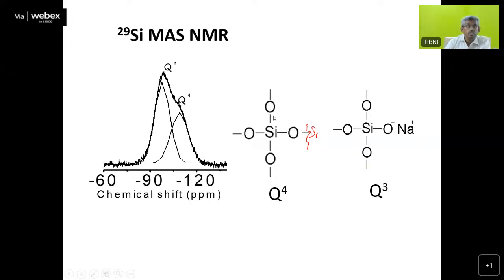Why? Because if you have only bridging oxygen atoms, then there is no negative charge on the oxygen atom. If there is a negative charge on the oxygen atom, it is easy to excite that electron to the higher level because of negative charge repulsion. If you see the valence band and the band theory of solids, normally the negative ion, the oxygen, sulfur, etc. forms the valence band and the metal atoms form the conduction band.